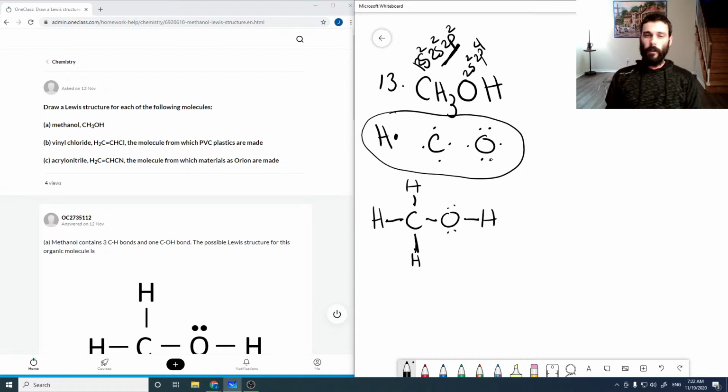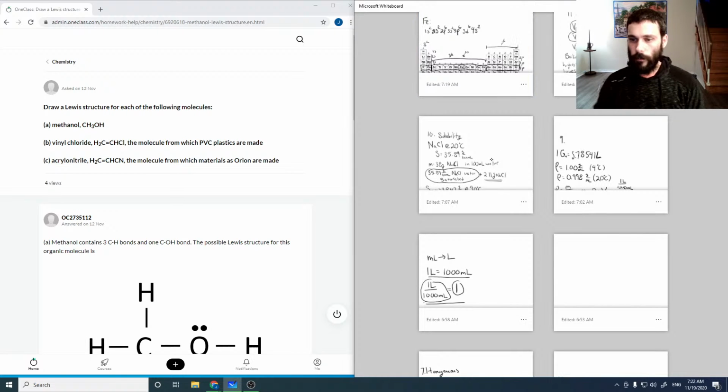And then we have our Lewis structure for methanol, where we've bound these, and then we have our 2 lone pairs on oxygen. Okay. I'm going to just make a new one for vinyl chloride.